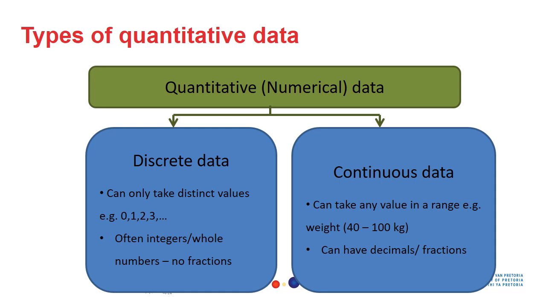We distinguish that with measurement data, which is continuous, which can take any value within an interval, e.g. weight for a sample of people can be any value, let's say between 40 to 100 kgs. The number of decimals are only limited by the measurement instruments. So you can have 40,1 or you can have 40,15 depending on the accuracy of the instrument that you have.